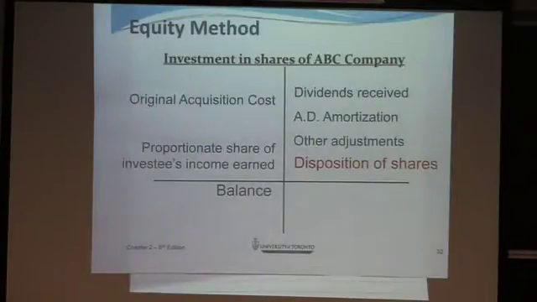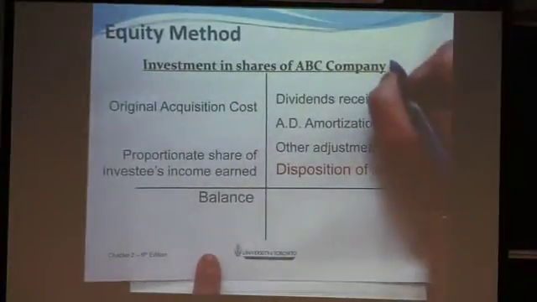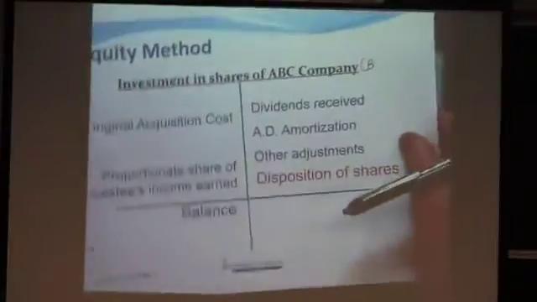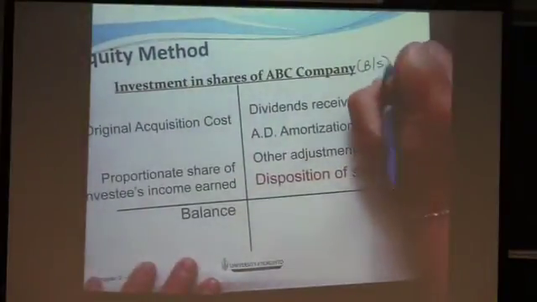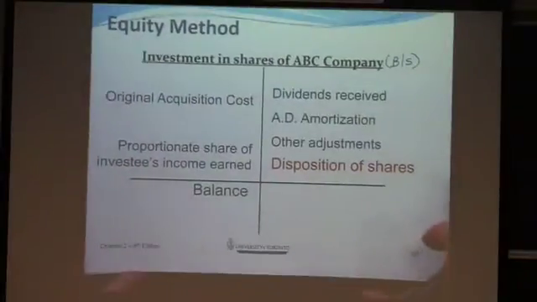Well, this is the T account for the investment of, let's say this is Pender, and this is the balance sheet. So this is the investment in shares of the company. We're going to start with the original cost. This is what we paid for the shares.